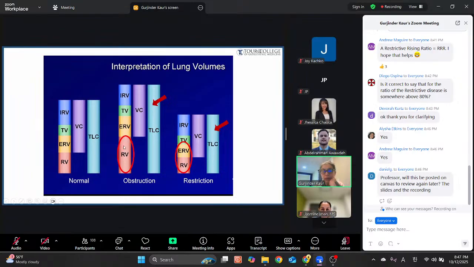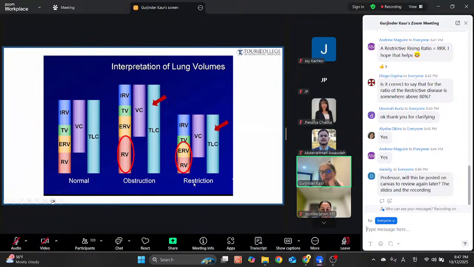Now compare that RV to a normal RV, it's much larger, right? So their total lung capacity, which comprises their ERV, RV, tidal volume and IRV, the whole thing, their TLC is much more increased than a normal person.